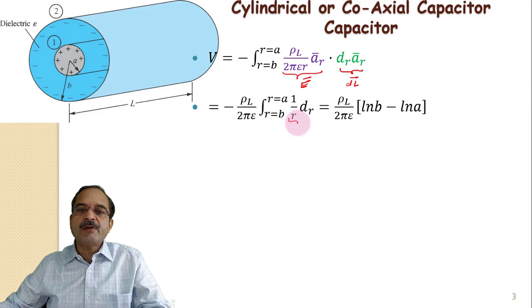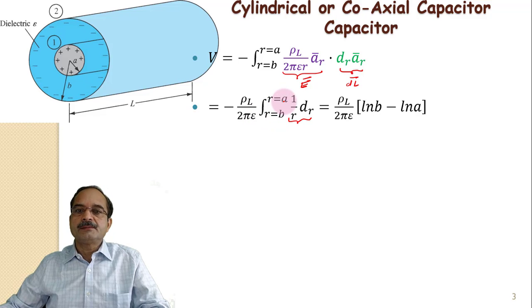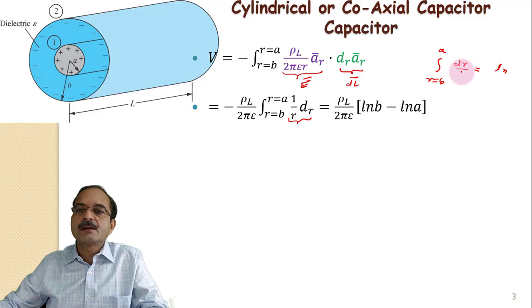So we evaluate dr upon r, and the limits are b to a. So the integral of 1 upon r dr is the integral from r equal to b to r equal to a of dr upon r.